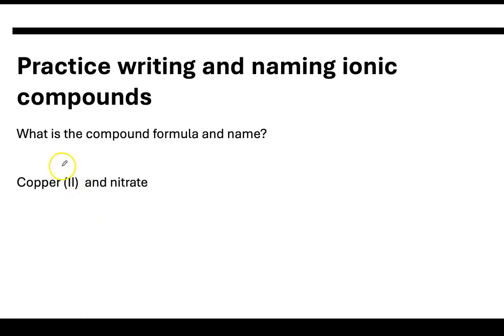Now keep in mind what that 2 plus means. That 2 plus means that that copper is a 2 plus transition metal, and it's bonding with nitrate, which is a polyatomic ion. So great time to pause the video.